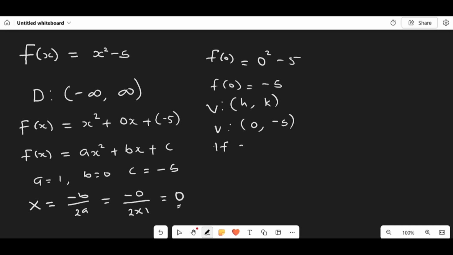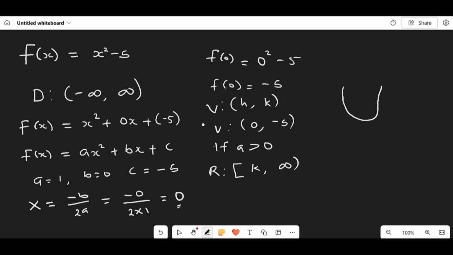If a is greater than 0, it means that the graph of our quadratic function opens upward like this, and the range will now be square bracket k, infinity, close bracket.